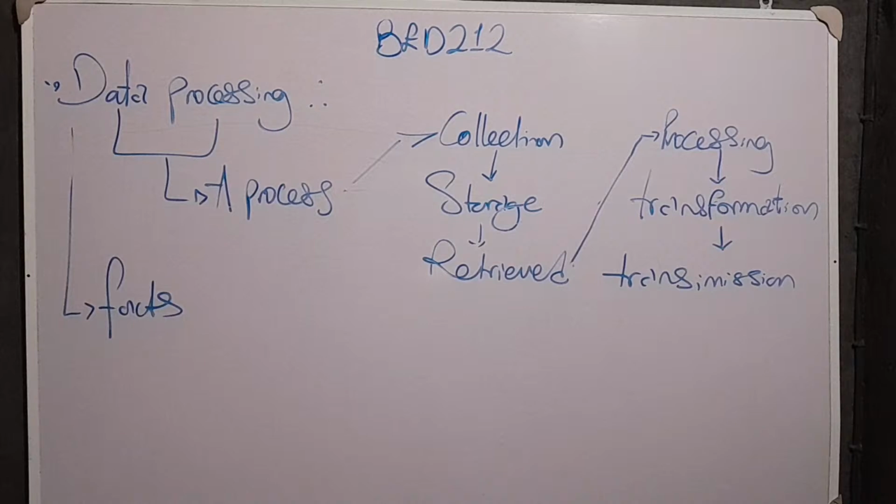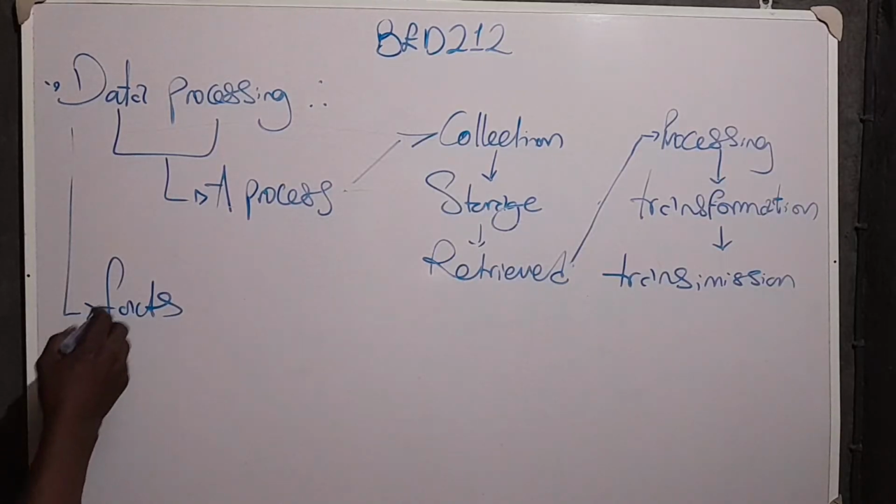Data is facts, a concept or instructions in a form of expression. The expression could be manual, or it could be an automated device for processing, in the form of data text. What are we saying here? Data is facts.